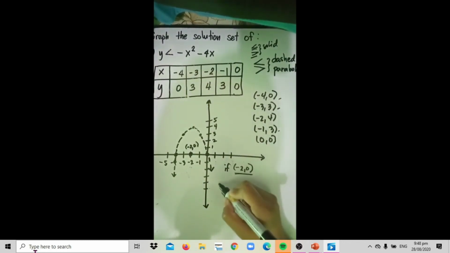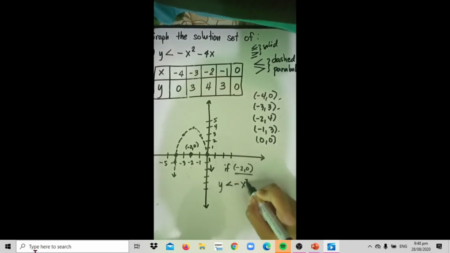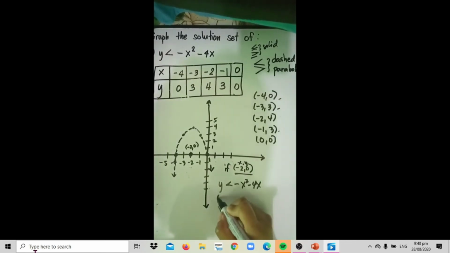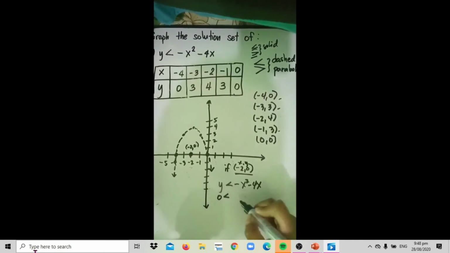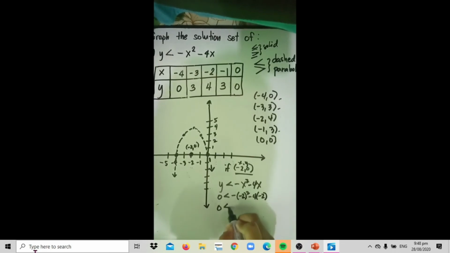So, our quadratic inequality is y is less than negative x squared minus 4 times x. So, ito yung x, ito naman yung y. So, therefore, you have 0 is less than negative of negative 2 squared minus 4 times negative 2.